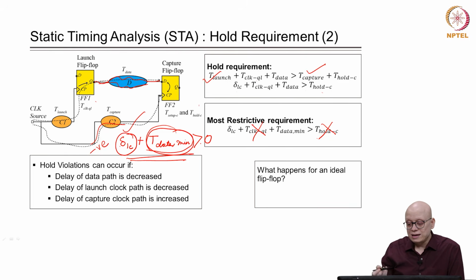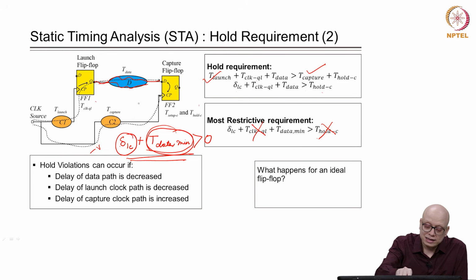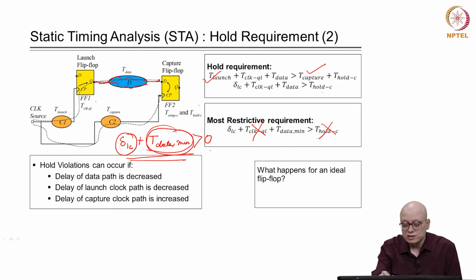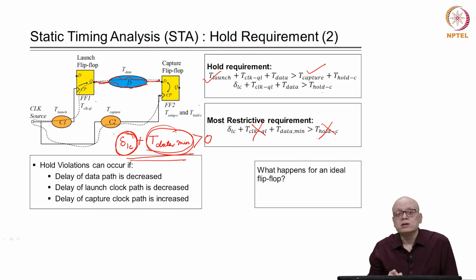So, in effect, if we assume an ideal flip flop, what the hold requirement is checking is that there is no double clocking in our design. Another important thing that can be inferred from this equation is that the hold requirement strongly depends on the clock skew.